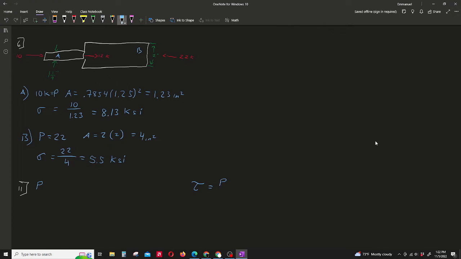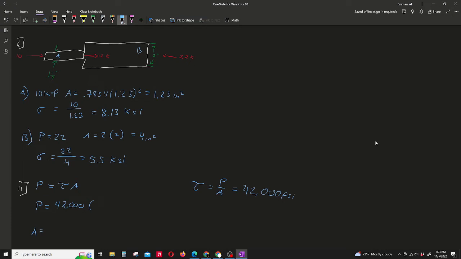Tau is still equal to P over A. So therefore we can just say that P is just equal to tau times A. So therefore, all we really need, because we have tau, so P is equal to tau, which is 42,000 psi, times A. We don't know A yet, but we can easily solve for that.